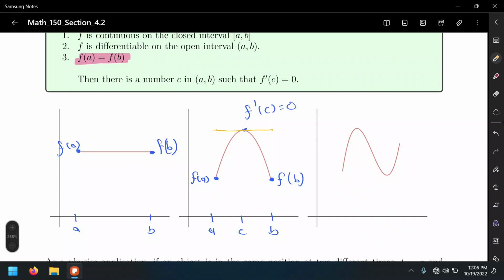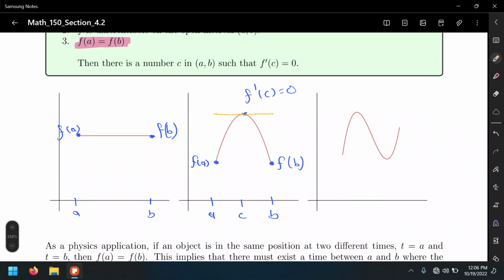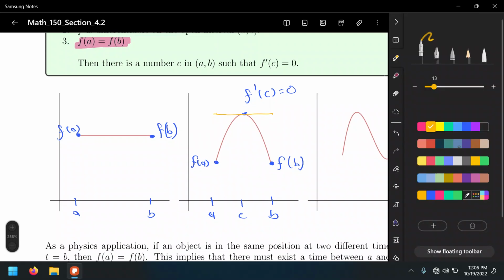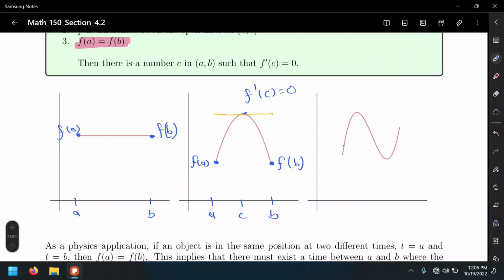Another case. Let's consider this one, which is going to be a little bit tricky, so here and here. So A and B, all right? In this case, this is f of A, f of B. Rolle's theorem guarantees that there is at least one number C for which the derivative evaluated at that value equals 0.